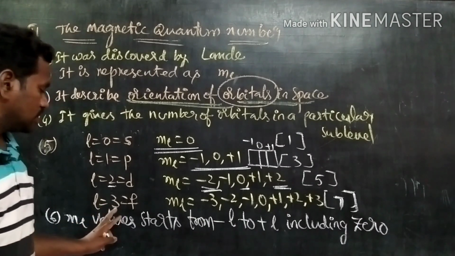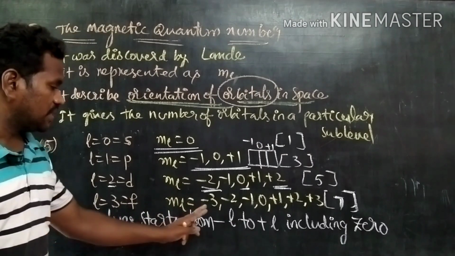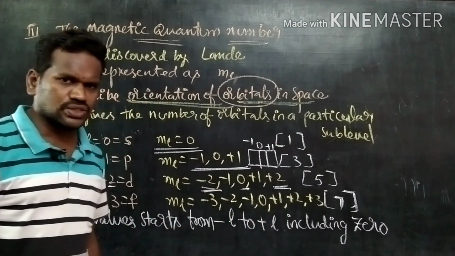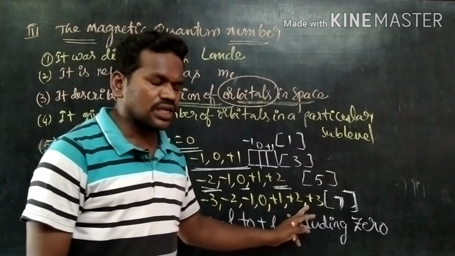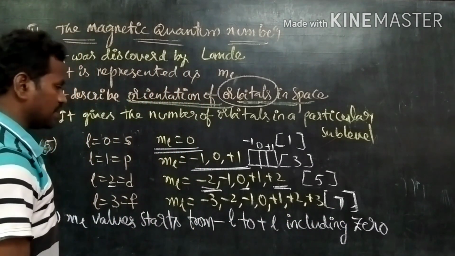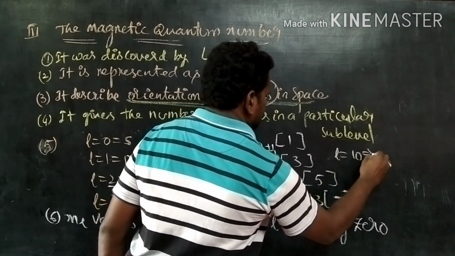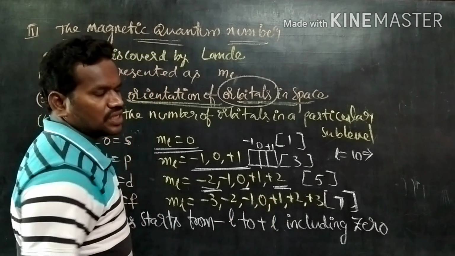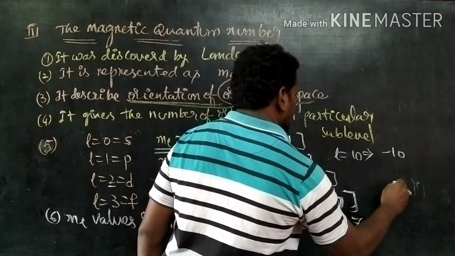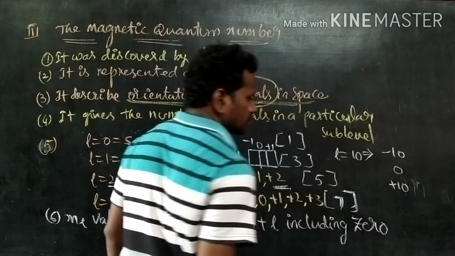Now let us come to L equals 3. As per the rule, it should start from -3 and end at +3, including 0. If you count the total numbers, they become 7. For example, if L equals 10, how many values are there? Those values start from -10 and end at +10, including 0.